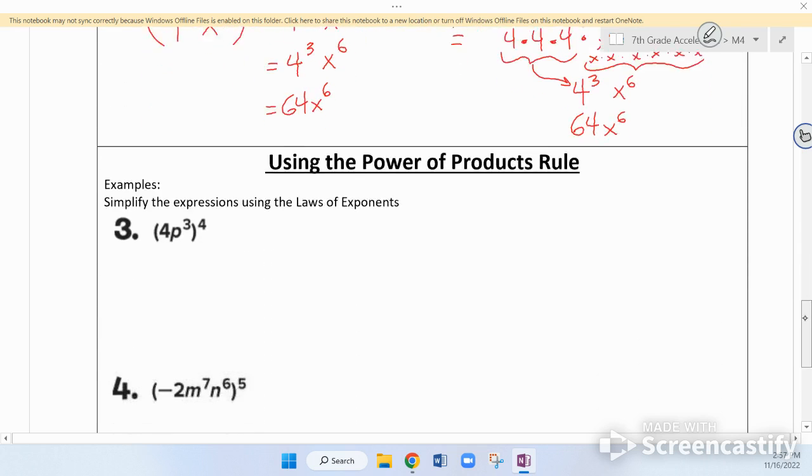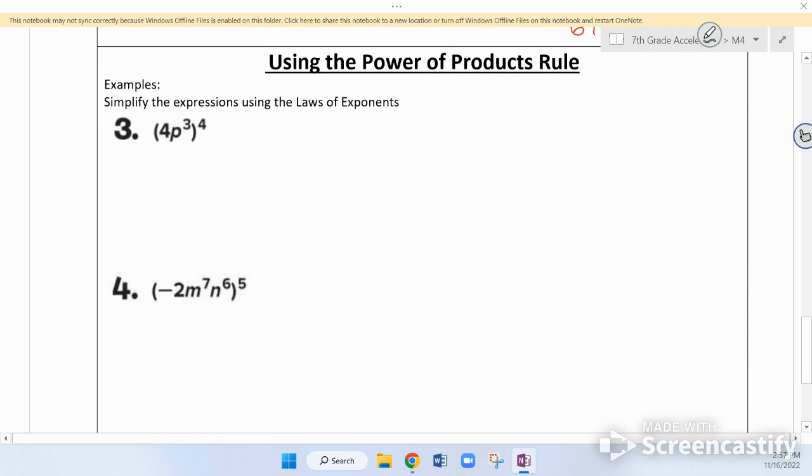Okay, so let's do some practice problems here. We have (4p to the third) to the fourth. What do you think, everybody? Well, how many 4s are we going to have? We're going to have 4p to the third times 4p to the third times 4p to the third times 4p to the third, right?